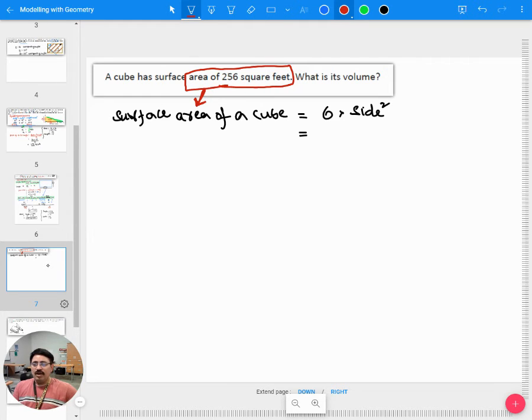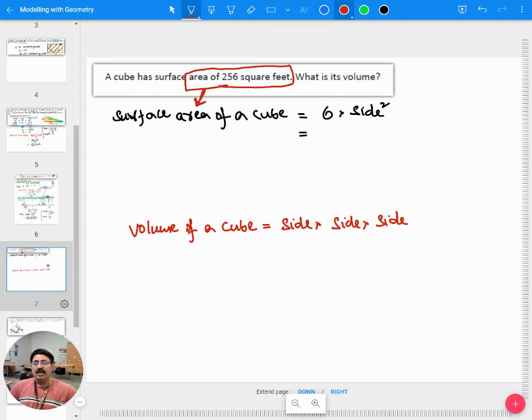You know that volume of a cube equals side times side times side. Do you know what the side is? It is not given in this question, so you have to figure it out.